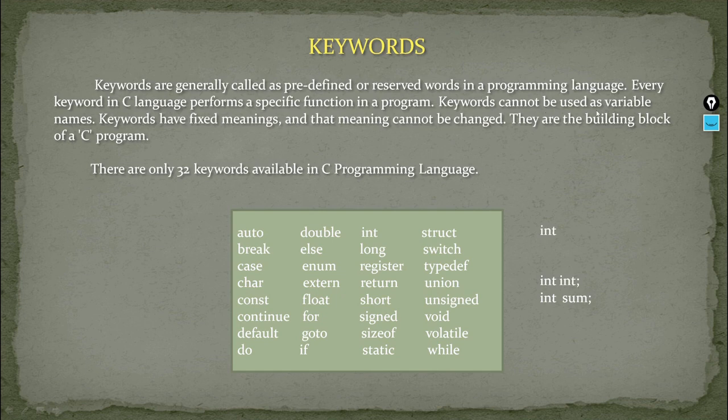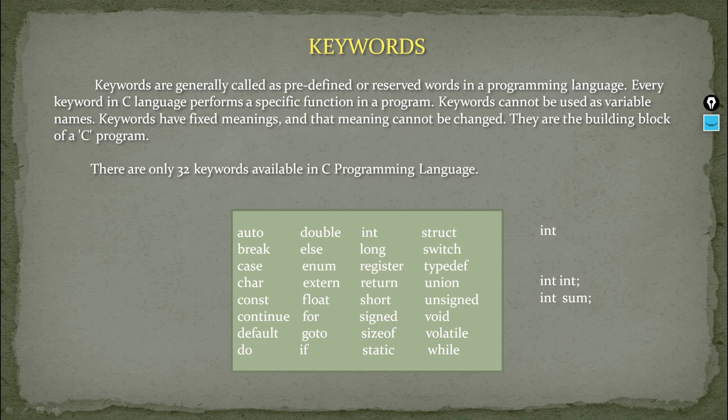A keyword cannot be used as a variable name. Suppose int is a keyword and this is also used as a variable name, so it is not possible. But int is a keyword and sum is a variable name, so it is possible. Keywords have fixed meaning and that meaning cannot be changed, so a keyword is unique.